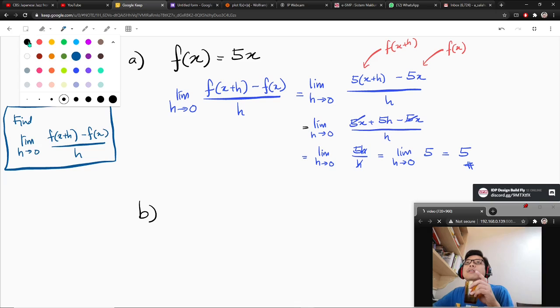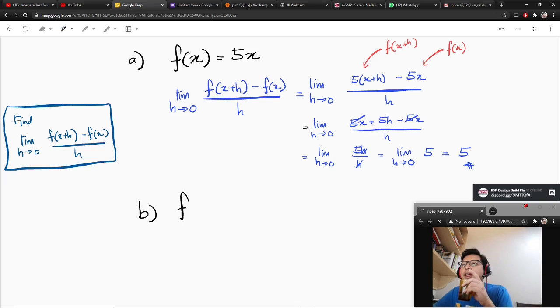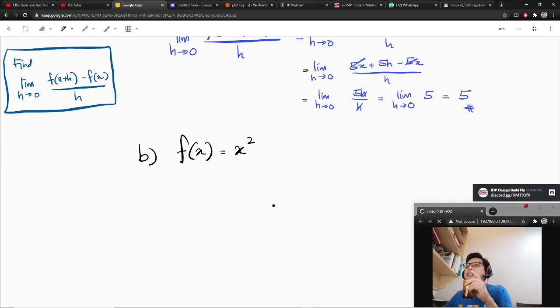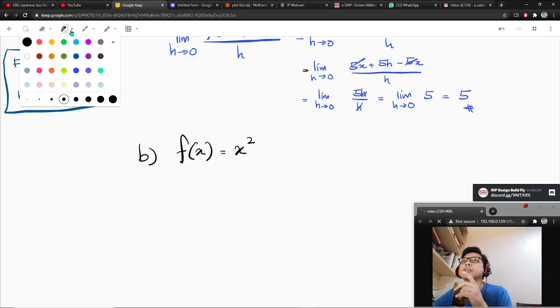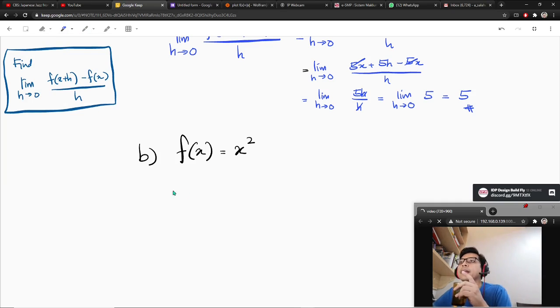Now I give you another function: f(x) = x squared. So let's rewrite that first, before anything. It's good practice so that we don't miss anything.